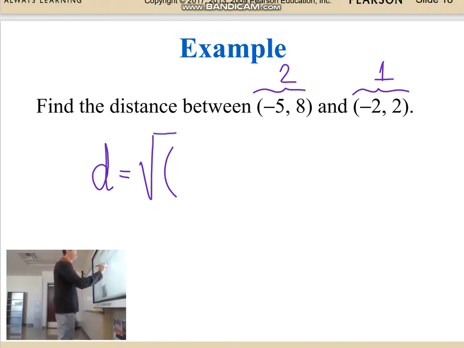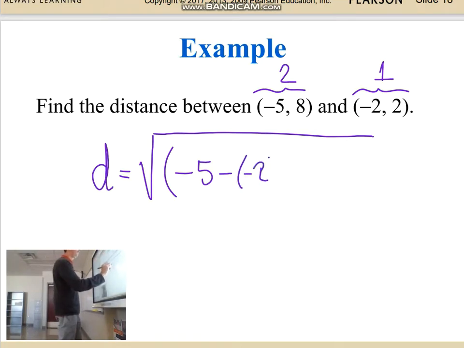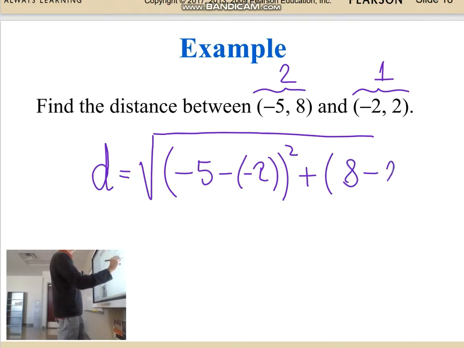And the formula of the distance is x2, -5, minus x1, -2, squared plus y2, 8, minus y1, 2, squared.